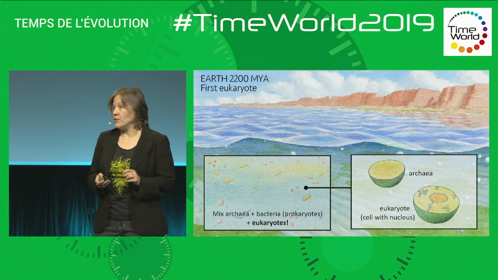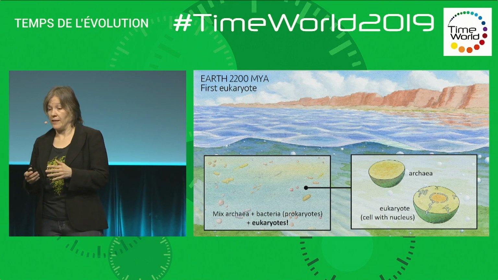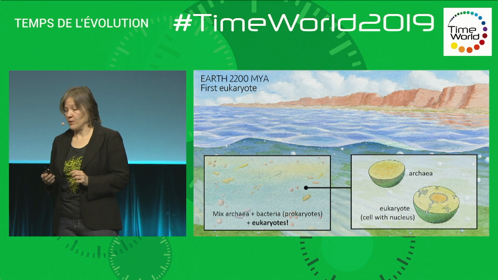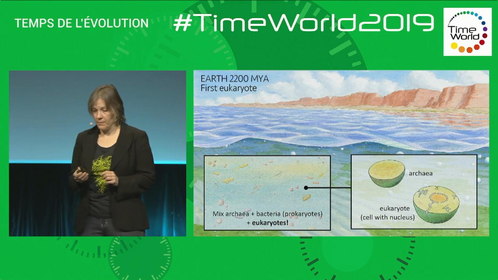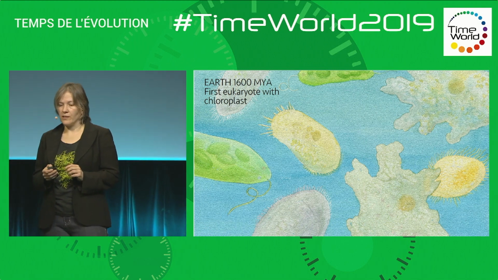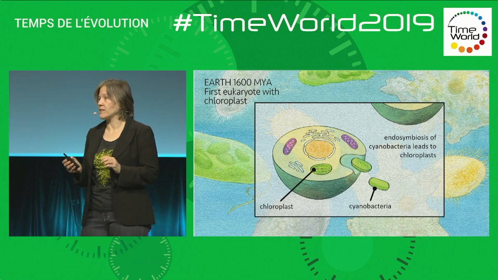So here is a diagram in which I very simplified show an archaebacteria or archaea and a eukaryote with the nucleus in it. About 1.6 billion years ago, we see the first evidence for eukaryotes with chloroplasts.